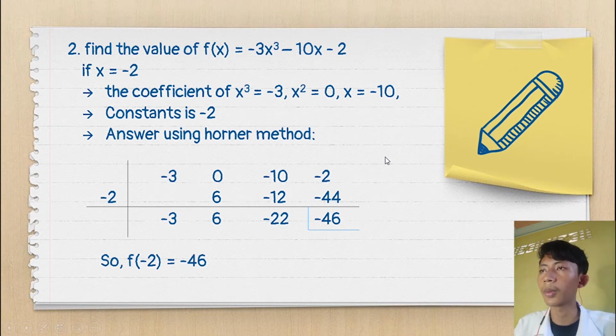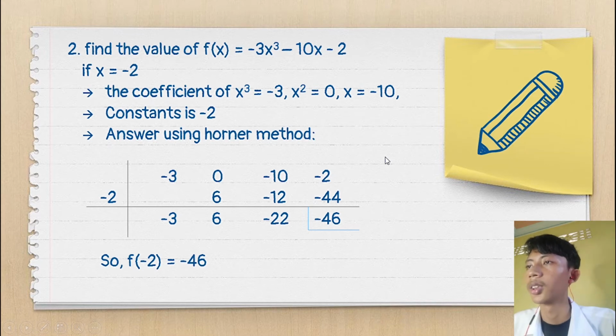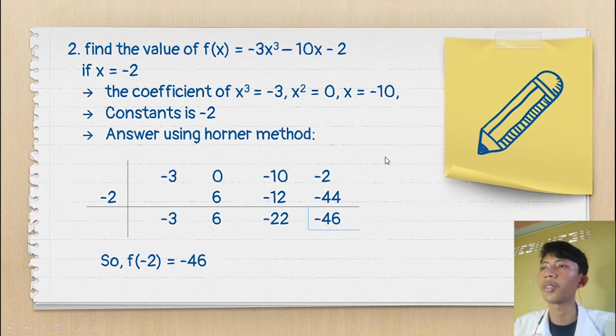Minus 22 multiply minus 2 is 44, and then the last we add 44 plus minus 2 is 42. So the last result is 42, and we got f(minus 2) is 42.